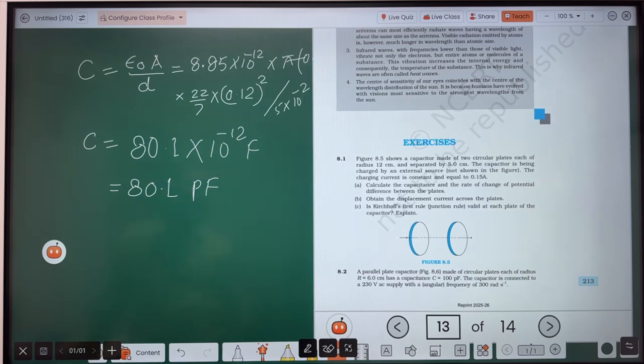Second one, obtain the displacement current across the plate. Displacement current is same as conduction current. So we can find its expression.